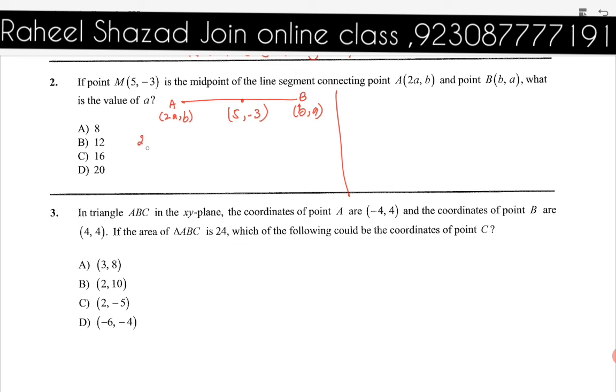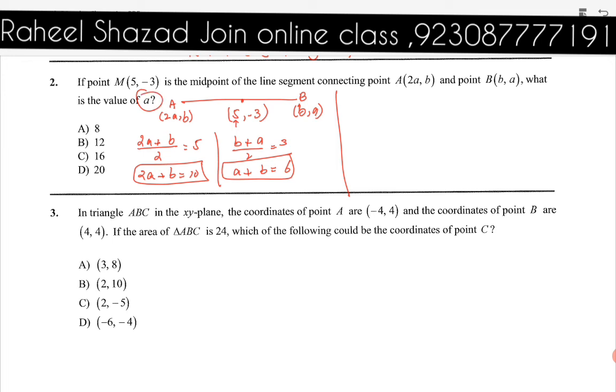Now again (2a plus b) divided by 2 must be equal to 5, the x value. Similarly (b plus a) divided by 2 must be equal to minus 3. So a plus b is equal to minus 6 and 2a plus b is equal to 10. We're going to solve these simultaneously, and we're looking for the value of a.